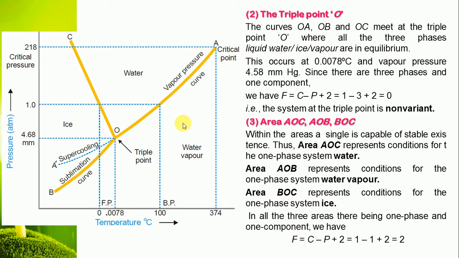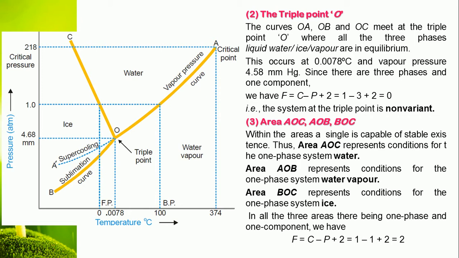So this point has a pressure greater than 4.68 and a temperature greater than 100 degrees Celsius. But this point has a different value of pressure and temperature. This point will also have different values of temperature and pressure.